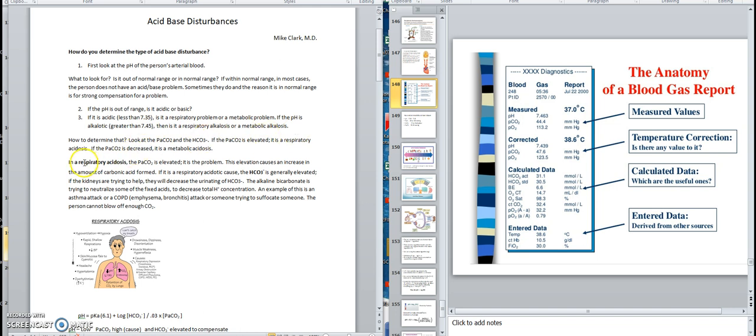How do you determine that? Look at the PaCO2 and the HCO3 minus. The PaCO2, which they just write as PCO2 because they already know it's arterial, and the HCO3. Those are the things you're looking at, and I've got them listed here.